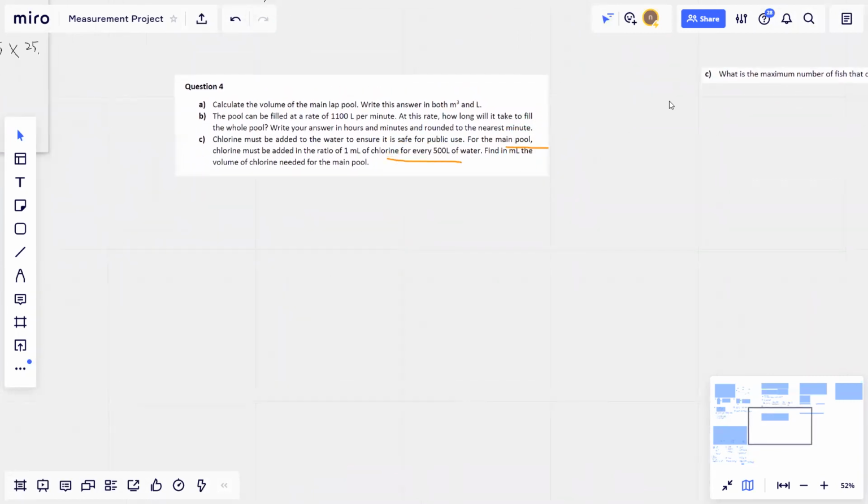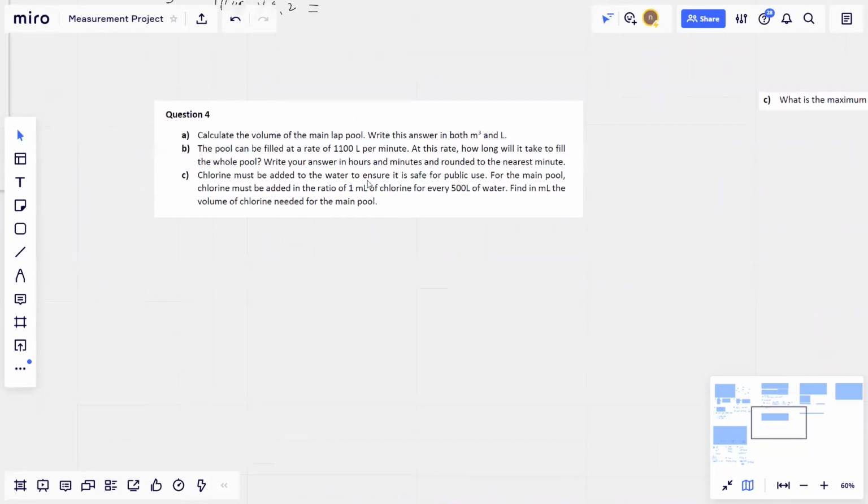Question 4 asks you to calculate the volume of the main pool, with answers in both meter cube and liters.